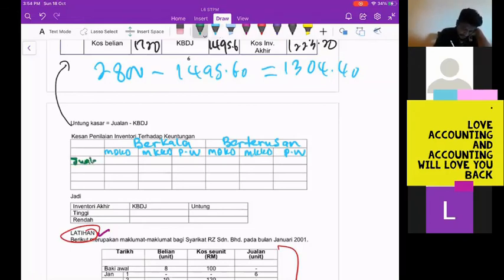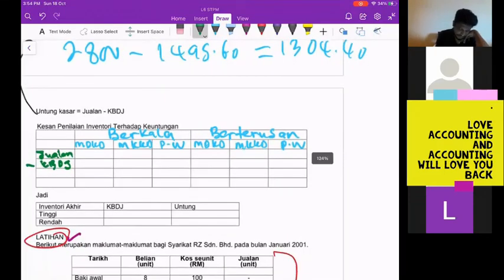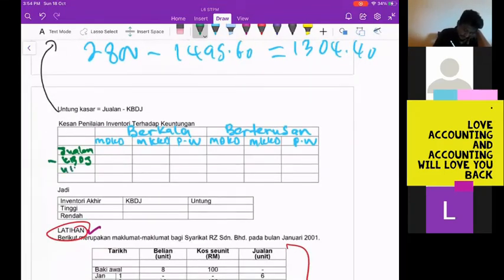Jualan, tolak kos barang dijual, dapat untung kasar.